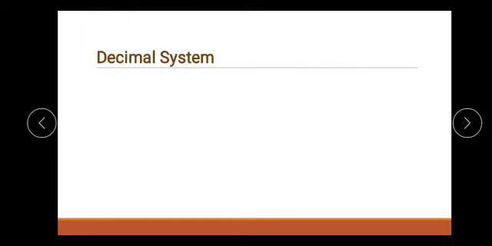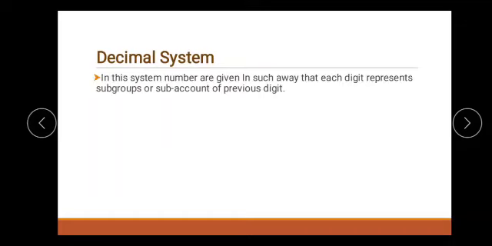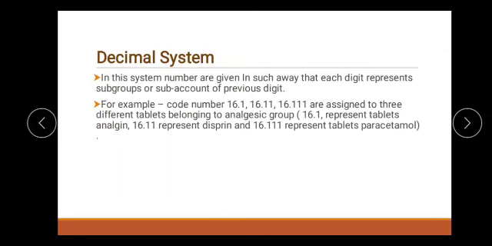In the first, the decimal system, numbers are given in such a way that each digit represents a subgroup or subaccount of the previous digit. For example, code numbers 16.1, 16.11 and 16.111 are assigned to 3 different tablets belonging to the analgesic group. 16.1 represents tablet analgin, 16.11 represents dispirin and 16.111 represents tablet paracetamol.